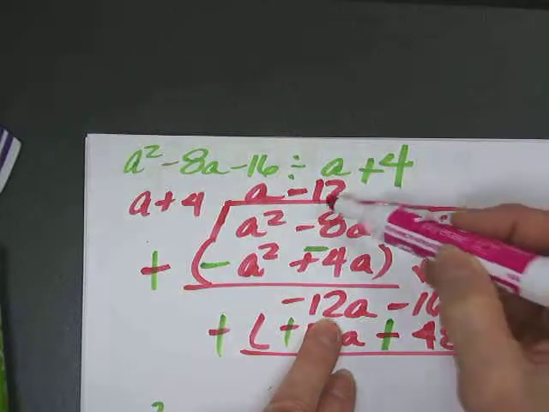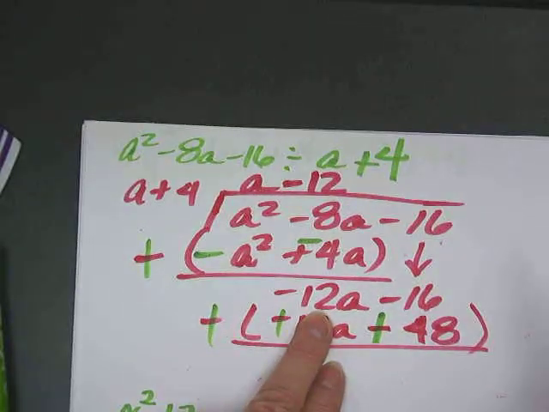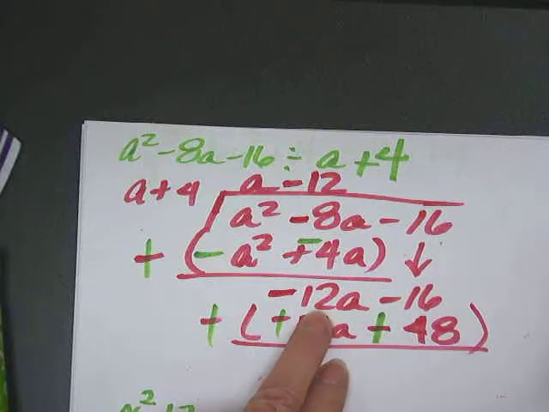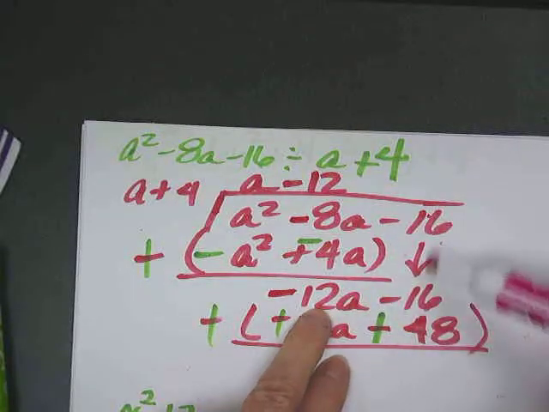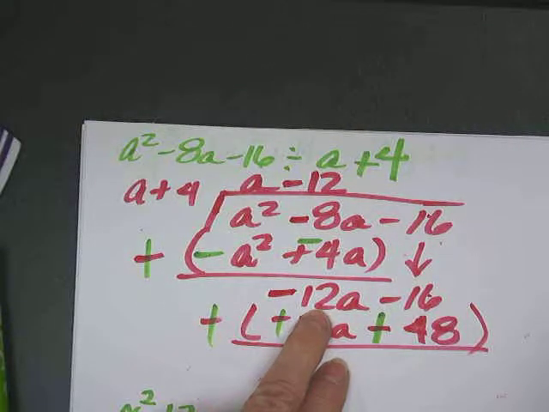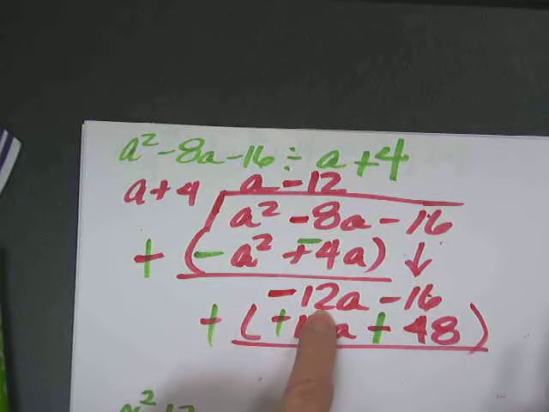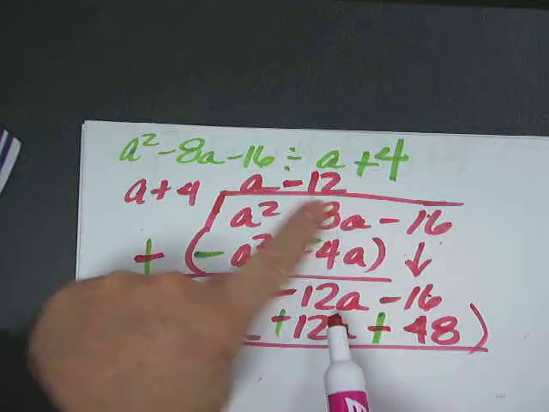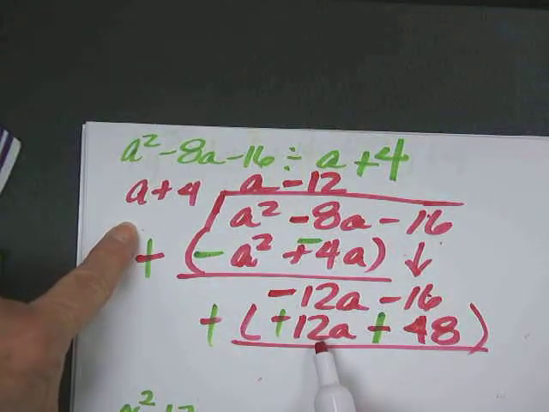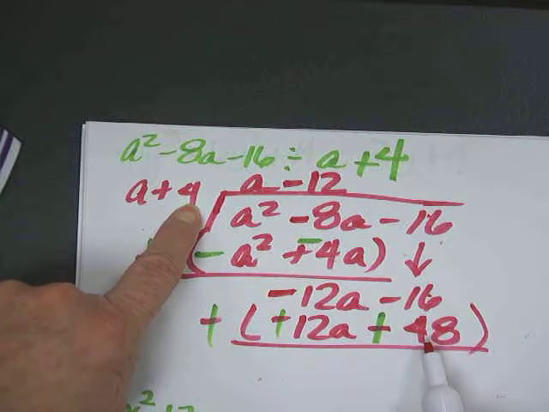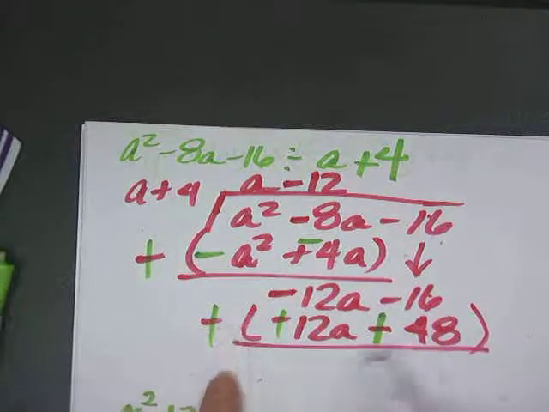Yeah, slow down. Please. So you don't bring the 16 down right away? Yeah, I should have. As soon as I did that, I should have brought it down before I put the 12 up there. As soon as I did negative 8 and then negative 4 is negative 12, I should have went ahead and brought that down, yes.